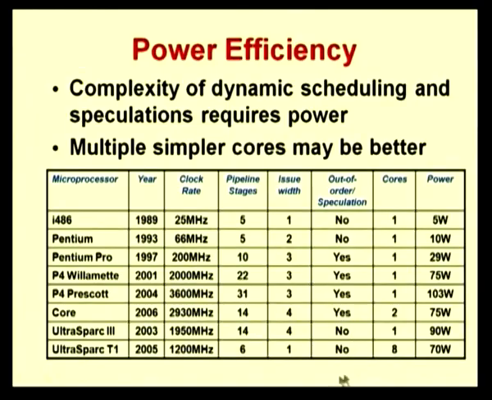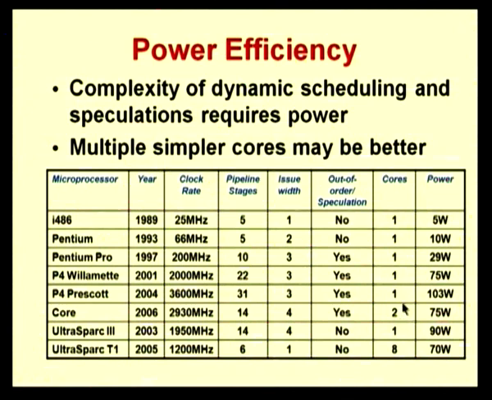Okay, to give you an idea of the kind of developments that have taken place, from 1989 to around 2005, you can see the power consumption, going from the i486 and Pentium, from 5 watts, 10 watts, 29 watts, all the way up to 103 watts in 2004. It is around this time that we identified that a single processor is taking up too much power and we may have to go for multiple simpler cores in order to reduce power consumption.